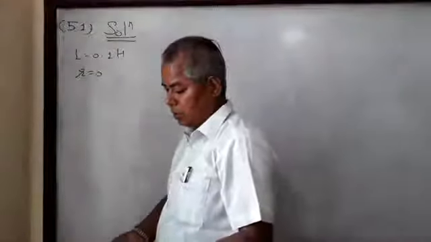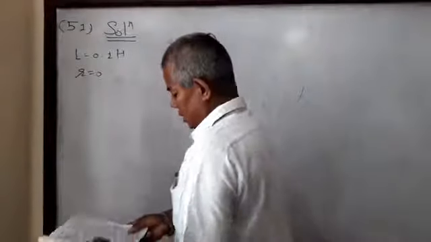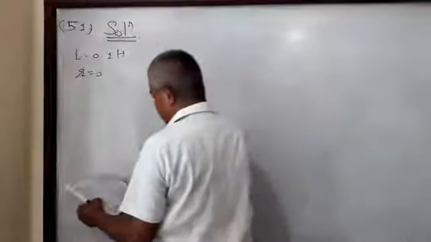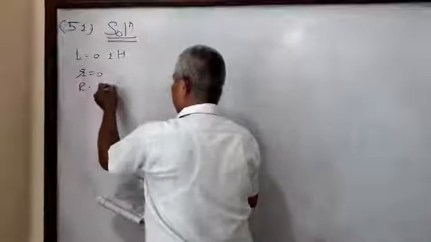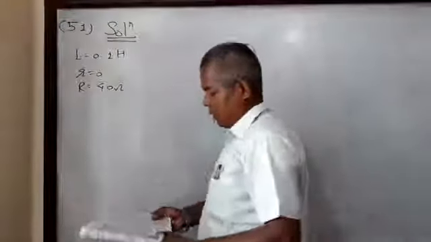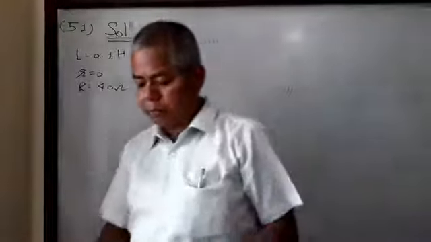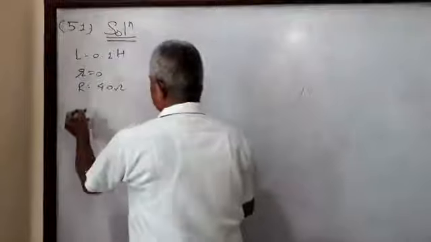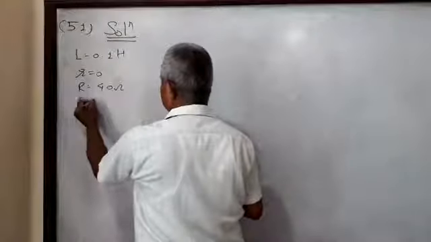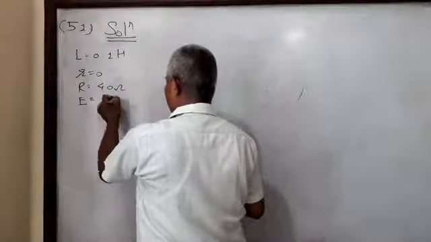Internal resistance is 0, and the resistor of resistance capital R is 40 ohm. A supply voltage of 50 V RMS is applied; E RMS is equal to 50 volt.